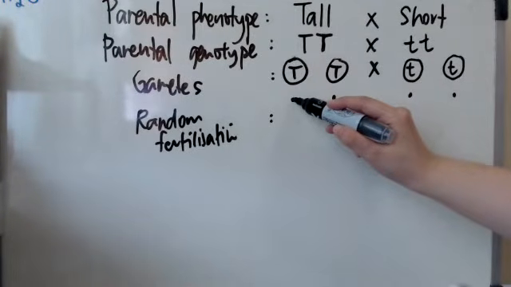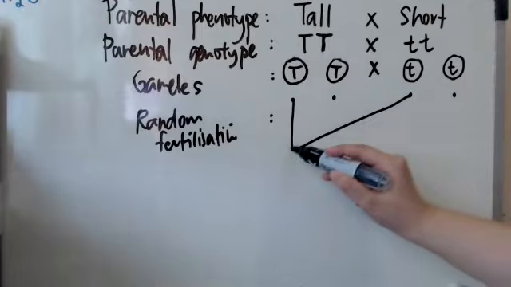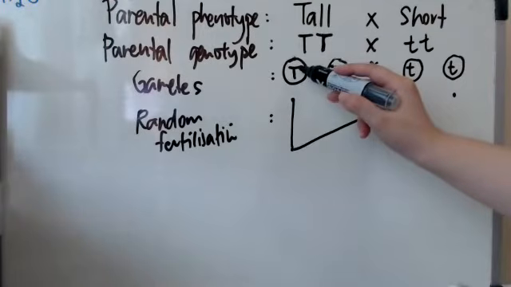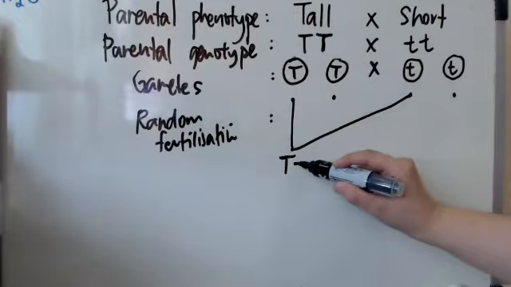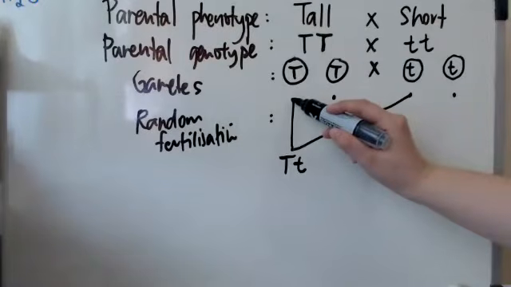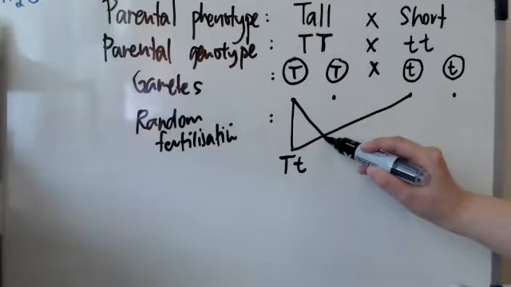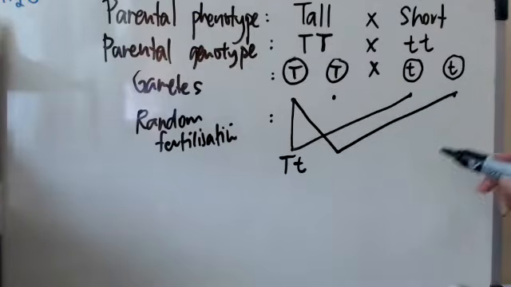So here you have the gametes from the first parent, first gamete of first parent, first gamete of second parent. So from here you get the capital T, and from here you get the small t. And then subsequently you use the first gamete of the first parent with the second gamete of the second parent.